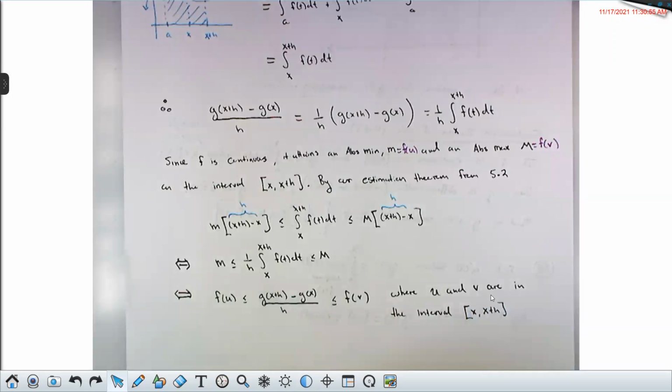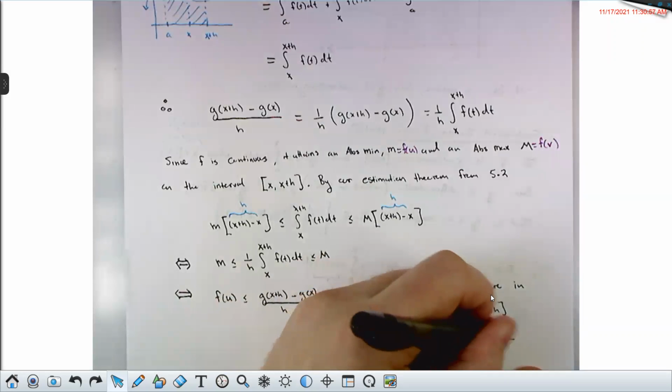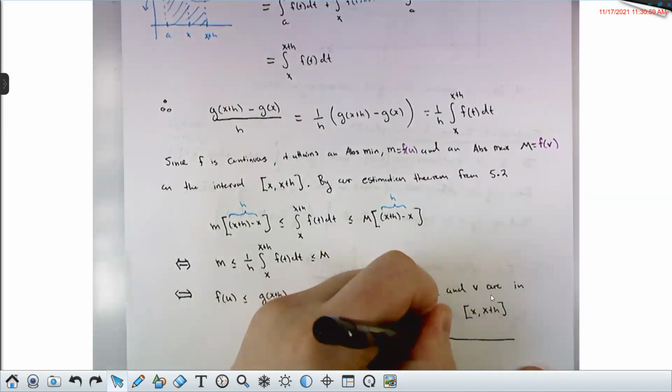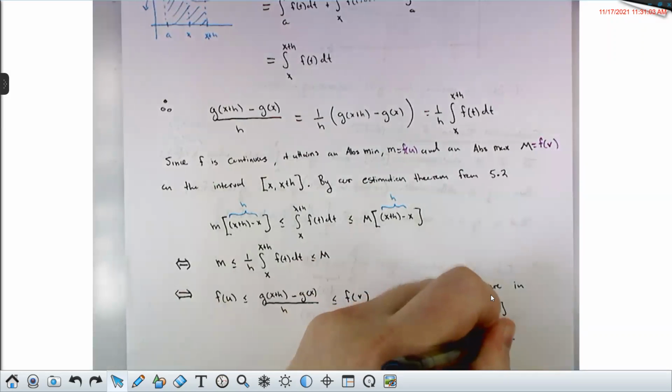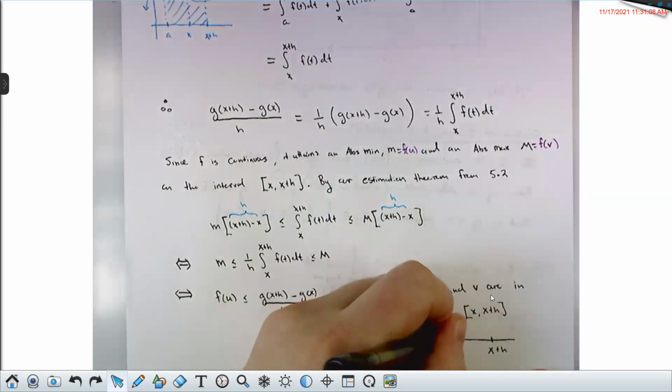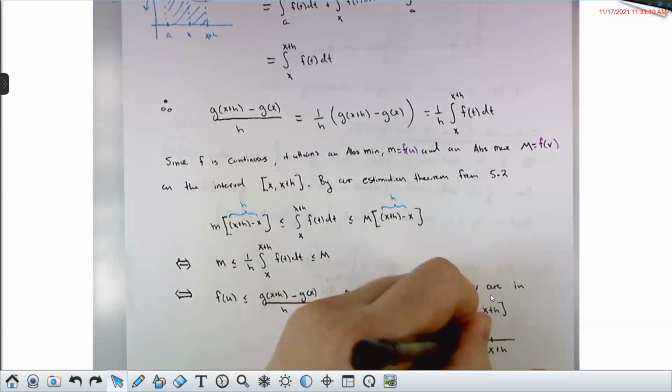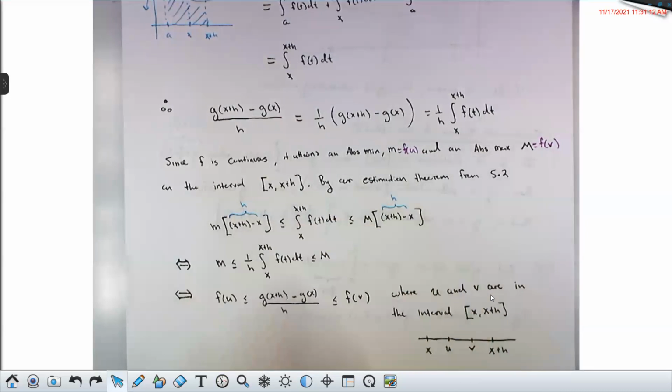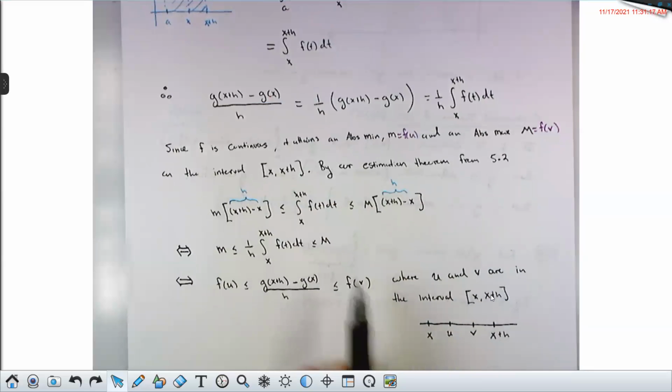As this interval shrinks, let me draw this picture. The picture isn't necessary, but it will help, I think. Now maybe u is here and v is here. All right, maybe my min is attained over here and the max is attained here.